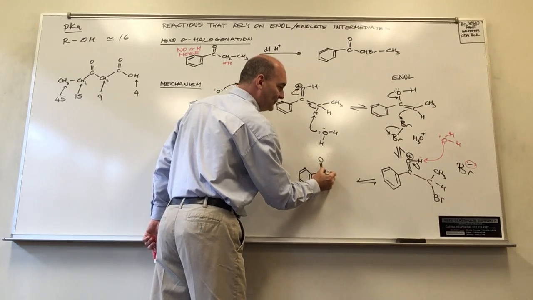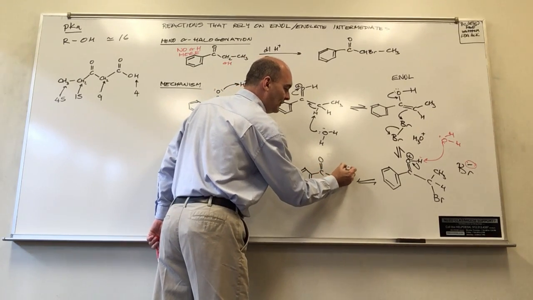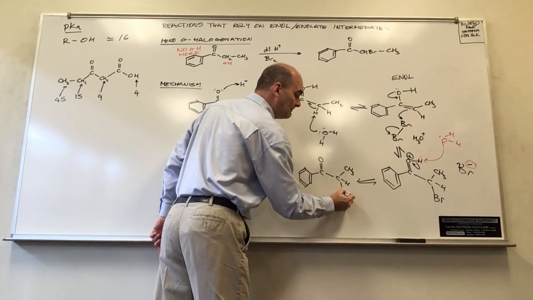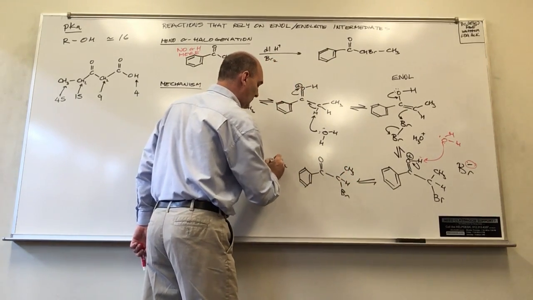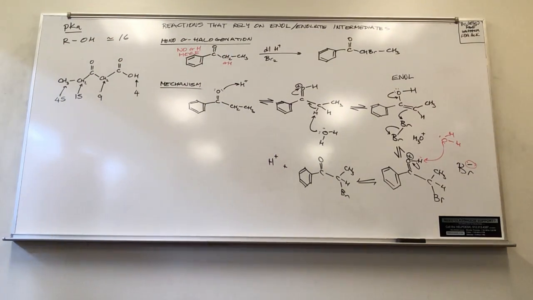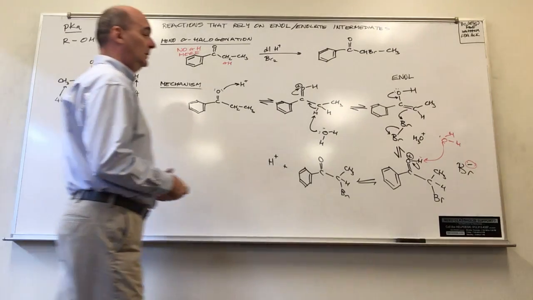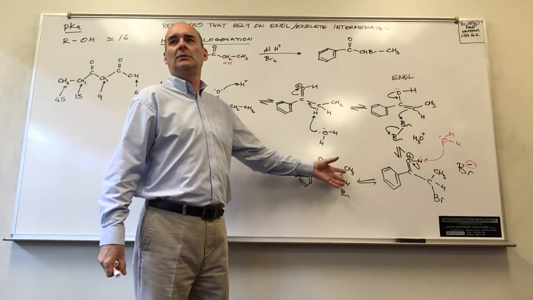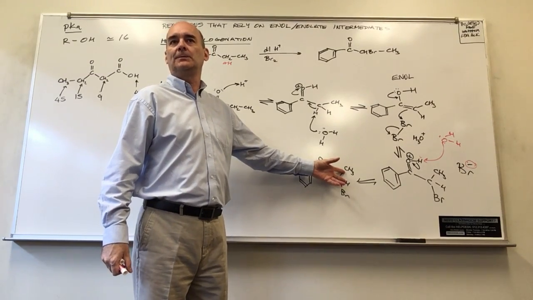It goes in the first step. It comes out in the last step. And I put a halogen into my molecule, which can be really useful. Because that's a really good leaving group now, especially bromo. Those are good leaving groups.